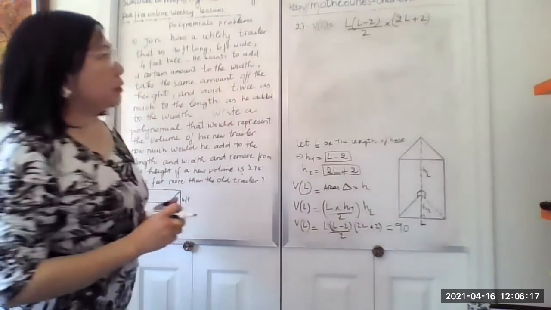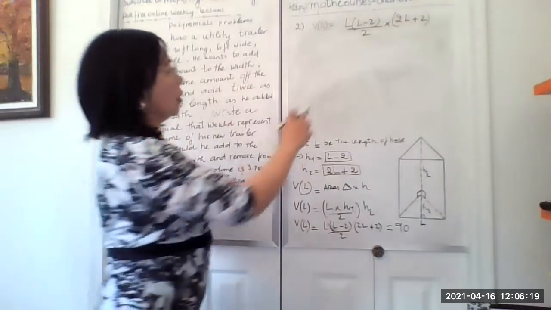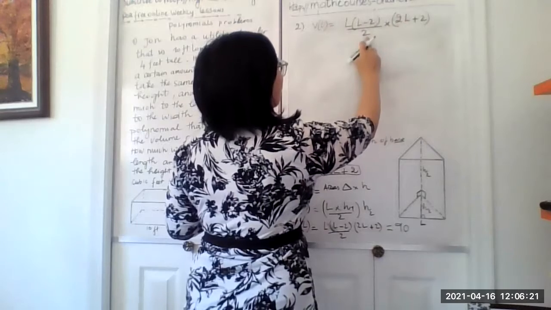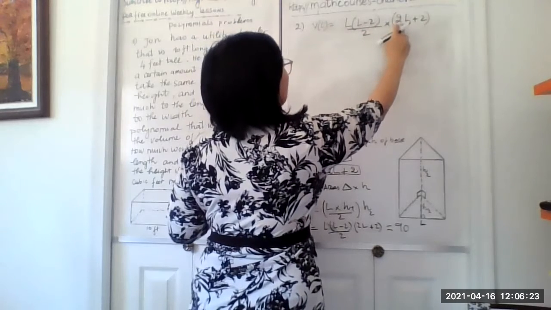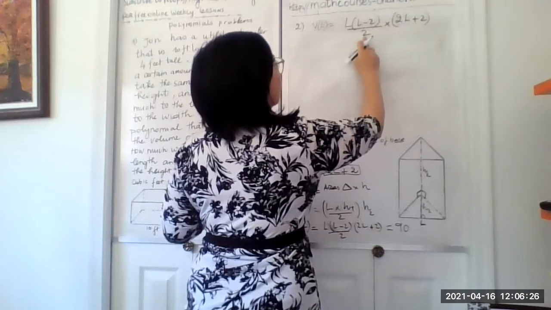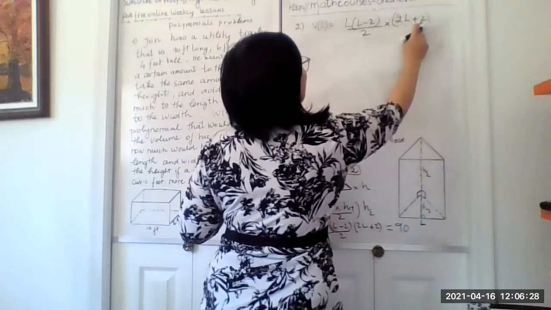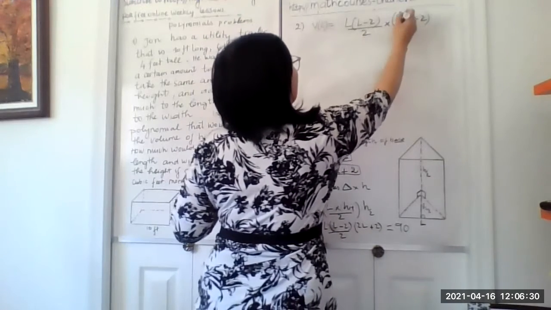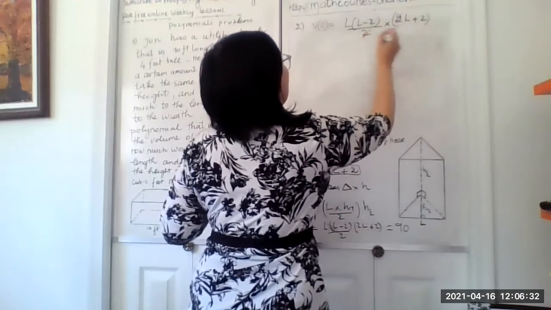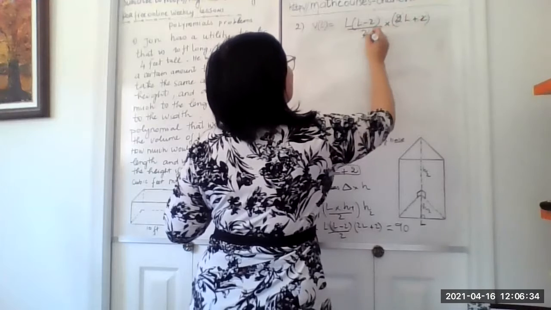Now, at this point, I'm going to divide out the 2L here with this 2 down here, and the 2 here down here. So if I divide it, I cancel this with that, and I cancel this with this, right?